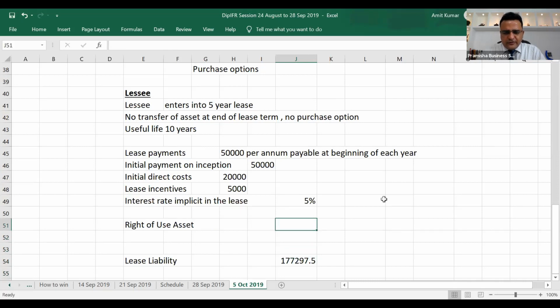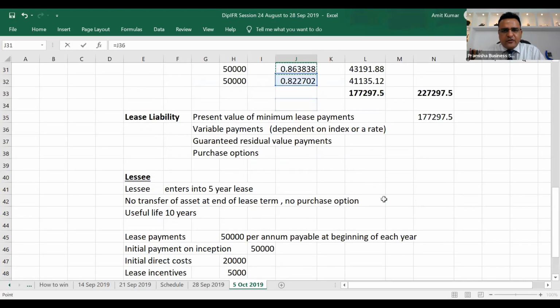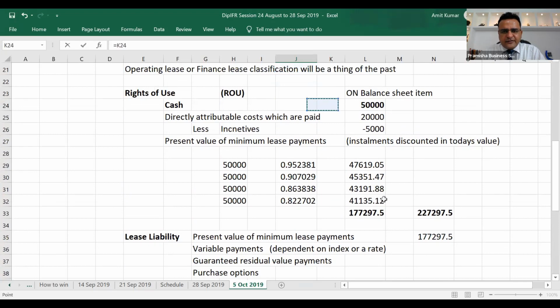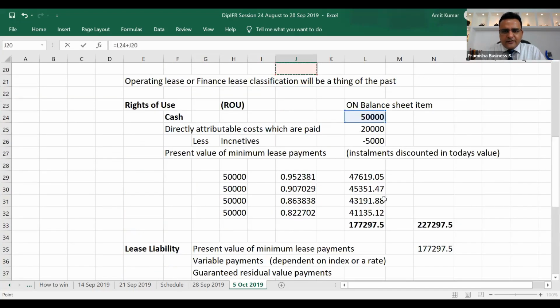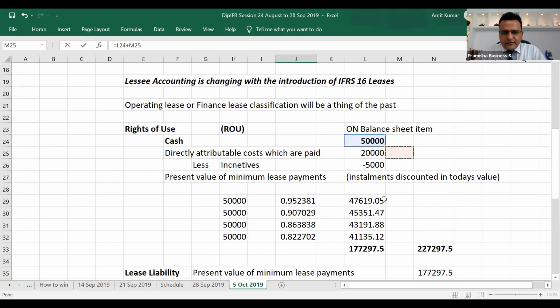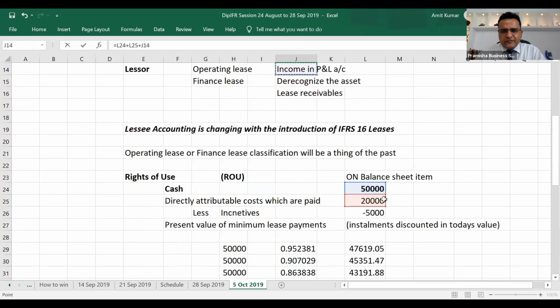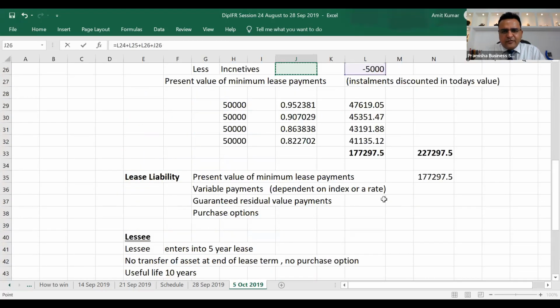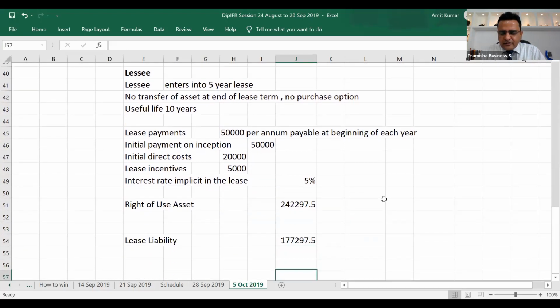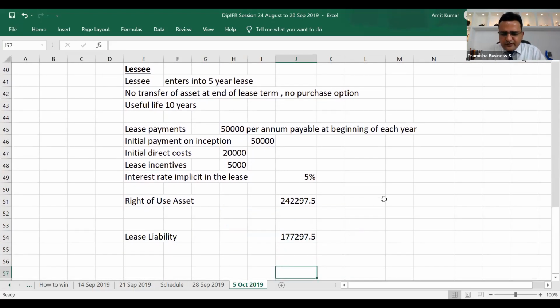Right of use will be a combination of cash plus direct asset, minus lease incentive 5,000, plus the present value of minimum lease payments. This is the total value of right of use asset to be shown in the balance sheet.